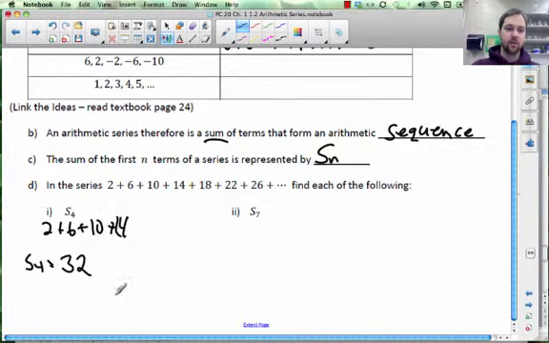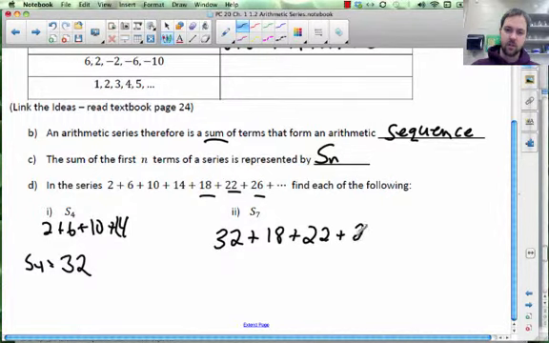Now S sub 7, we can just take and build on our S sub 4. S sub 7 is S sub 4 plus the next 3 terms after that. So plus 18, which gives us 50, plus 22, which gives us 72, plus 26, which gives us 98.